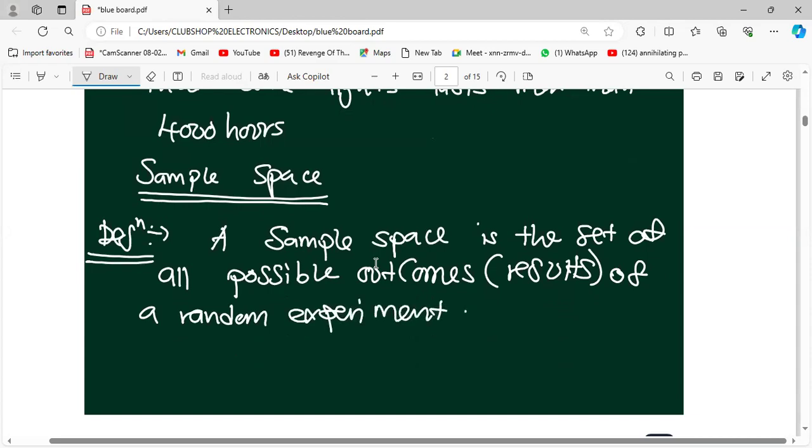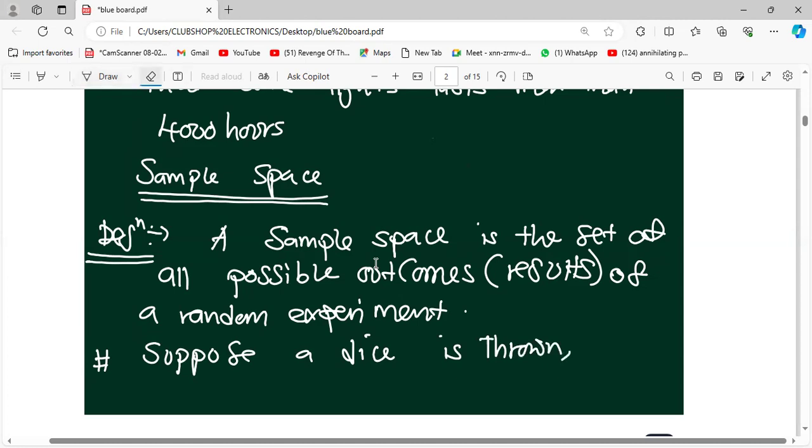Right? Now, let's look at some examples which we have already. Suppose a dice is thrown, okay? And must be thrown randomly, okay? Then, what is our sample space?